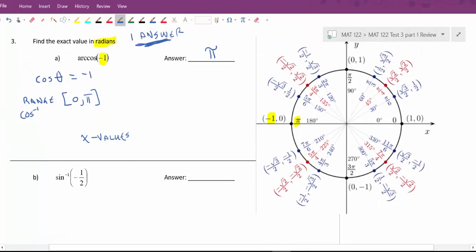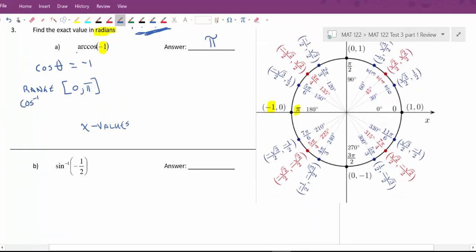Okay, now if we look at the next one, the inverse sine, what you want to do on this primarily is look at this number, and you want to pay attention to the range. So the range of an inverse sine is going to fall from -pi/2 to pi/2.